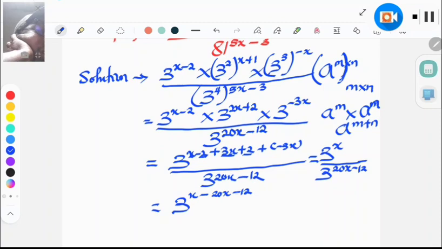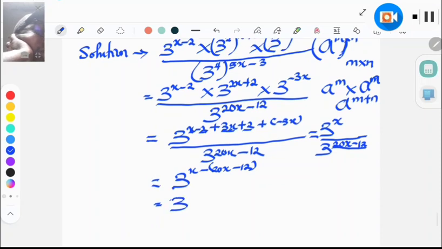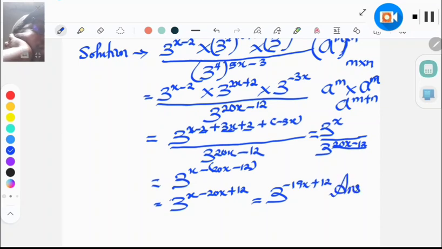Now because what we have for this denominator consists of two sets of expressions, you need to put a bracket here so that it becomes 3 raised to the power of x minus 20x, using the minus to open the bracket, plus 12. So finally our answer becomes 3 raised to the power negative 19x plus 12. And that's the answer.